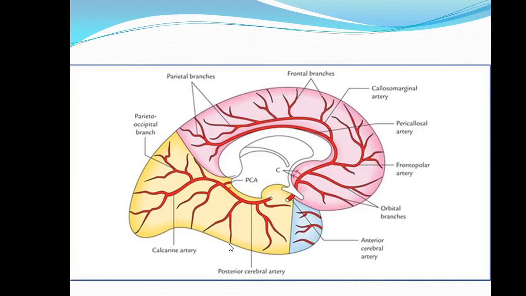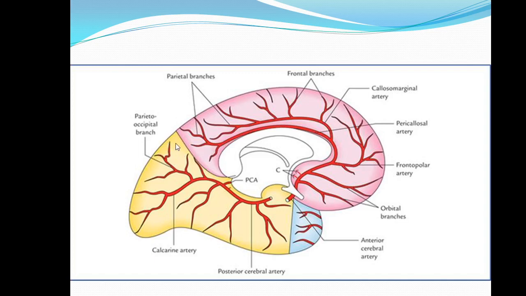In this diagram of the medial and the infratemporal surface of the cerebrum, you can see the main artery supplying the medial surface is the anterior cerebral artery running along the corpus callosum. This is the corpus callosum, and this anterior cerebral artery runs along this corpus callosum.